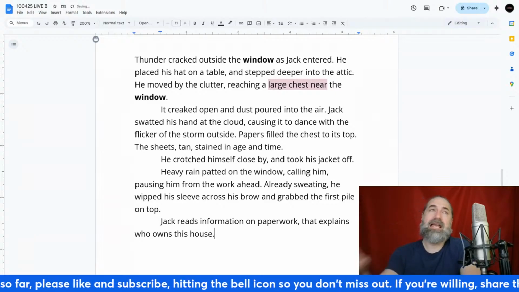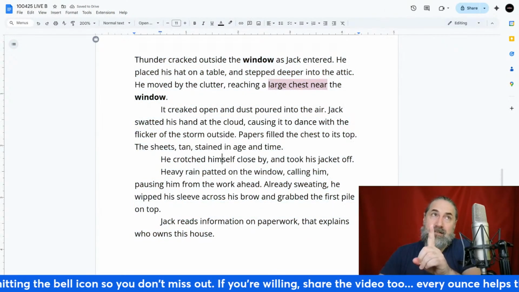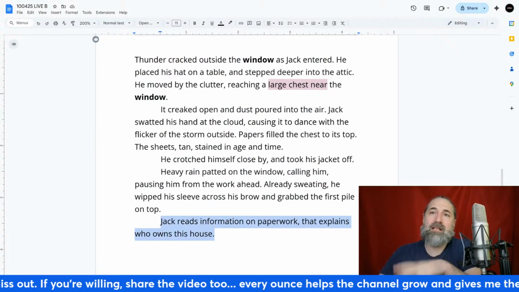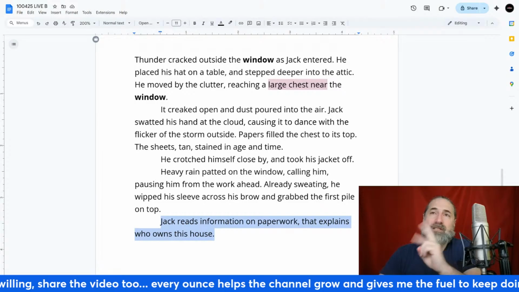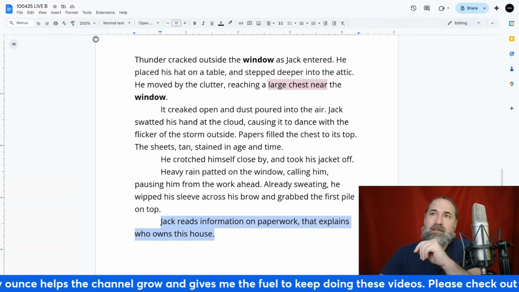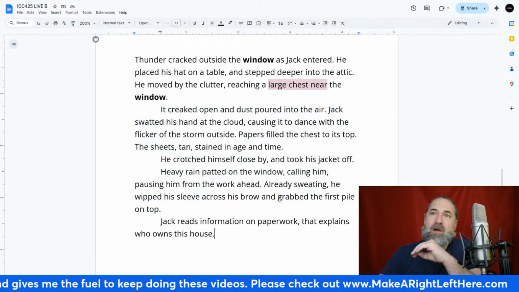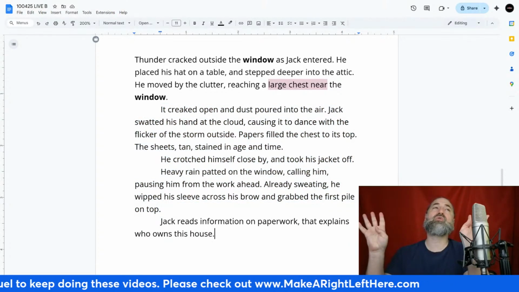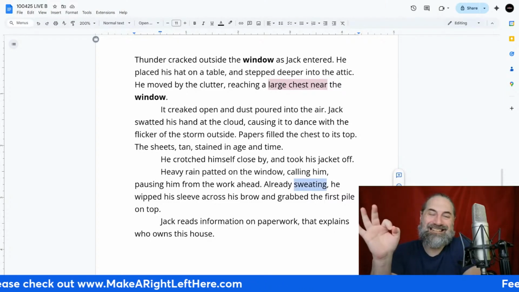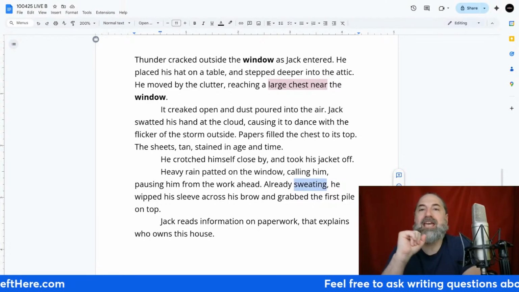And then I would challenge. All this would be challenged. He is investigating something that will be challenged in the middle of the scene. Jack is reading paperwork that explains who owns the house. That will be challenged in the middle of the scene once the sibling comes through. I wouldn't necessarily challenge the atmosphere. However, I would use the heat of the attic to influence the growing behavior of the characters.